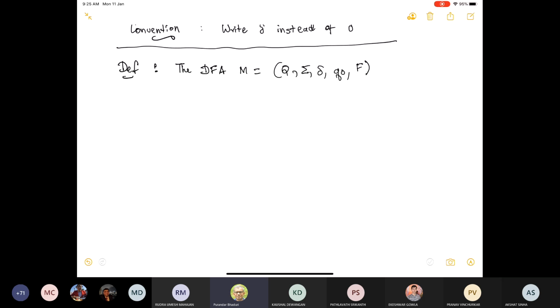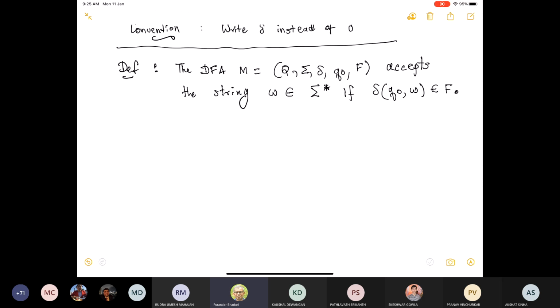Okay, so we say that the DFA accepts the string W belonging to sigma star, if delta Q0 W is an element of F. So which delta is meant here?